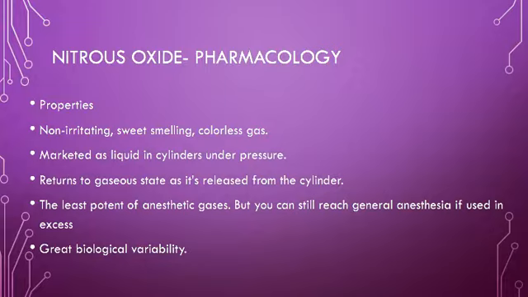Now, nitrous oxide is the least potent of all the anesthetic gases, but you can still reach general anesthesia if you use it in excess. What I mean by that is in large, higher concentrations. You'll notice that a safety feature of a lot of nitrous oxide systems is that it won't allow you to administer nitrous oxide at a level higher than 50% or 70% in some cases.